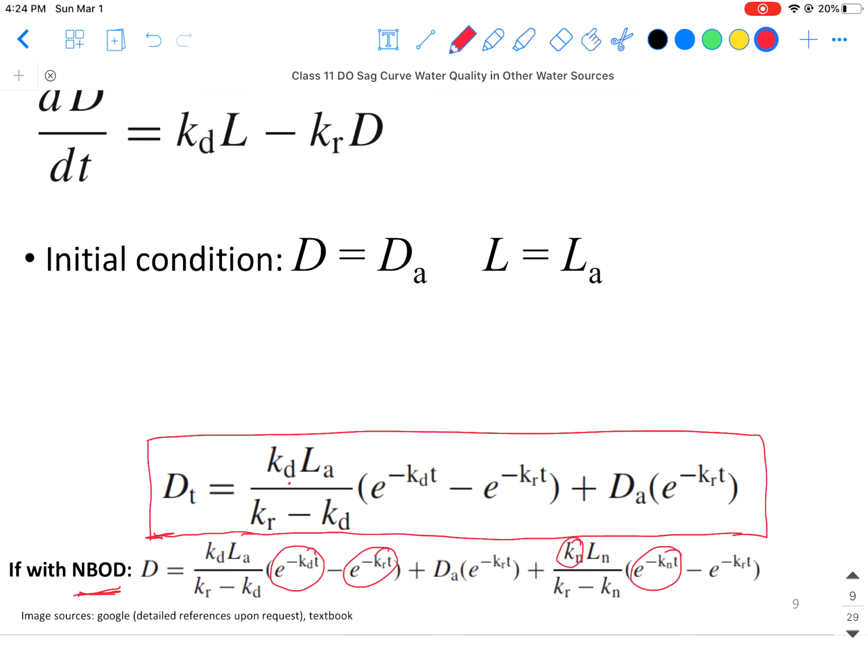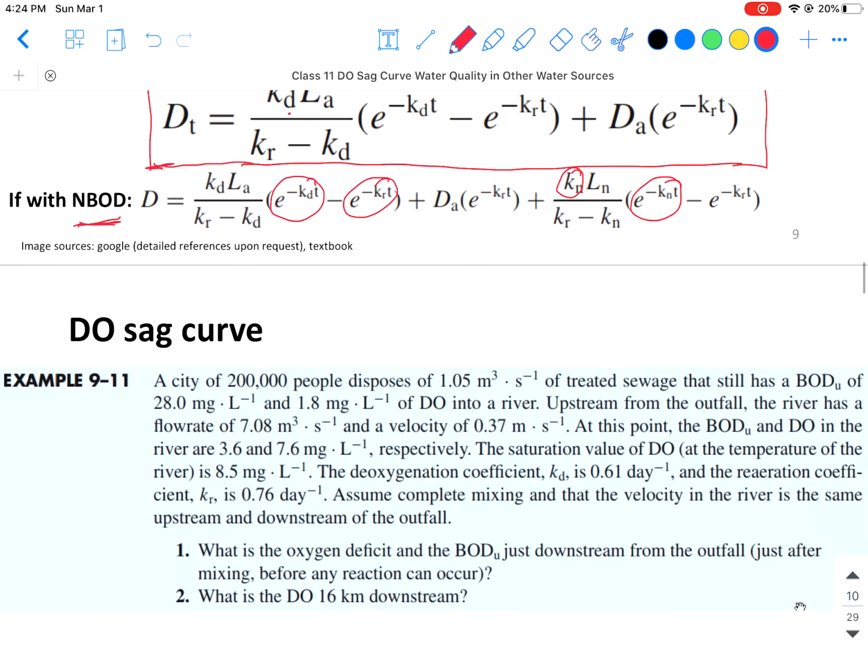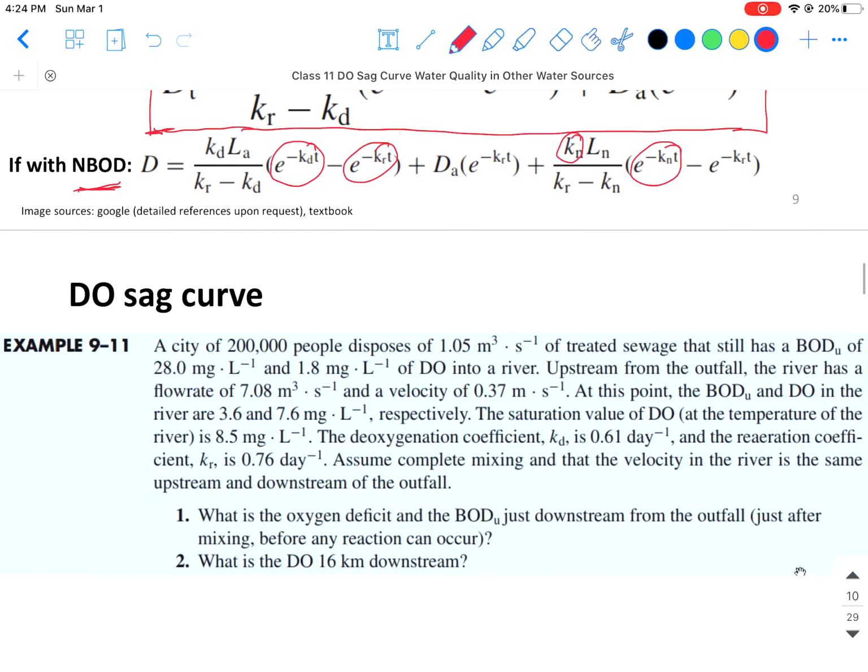So with this equation, we can calculate the dissolved oxygen or oxygen deficit at any location downstream of the emitting point, right? Here we have an example. Let's say we have a city that's emitting 1.05 cubic meter per second of treated sewage.